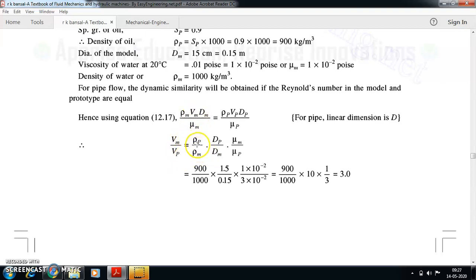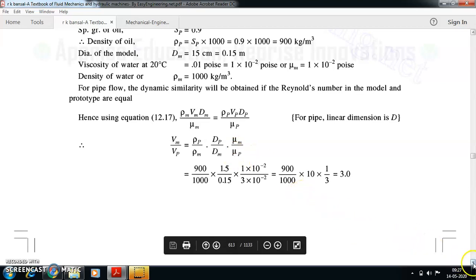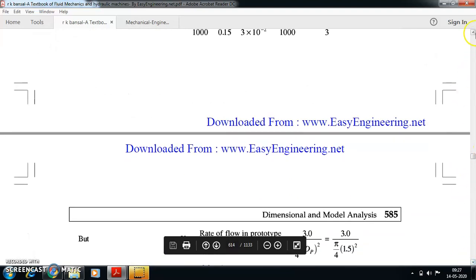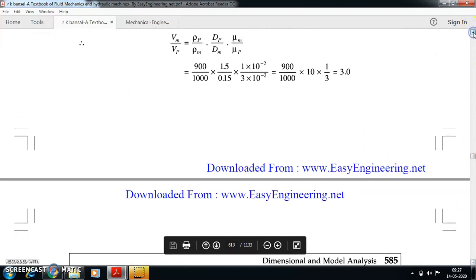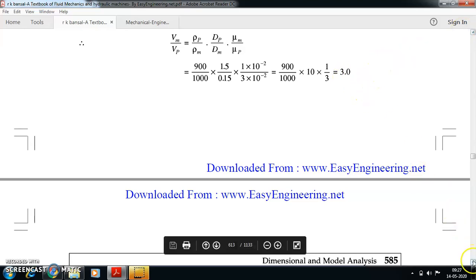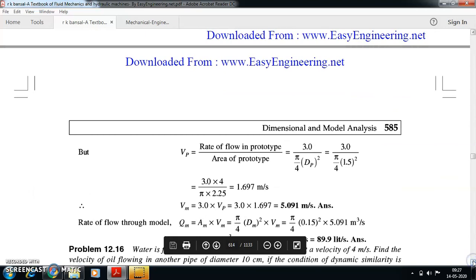If I work it out, I will get the density ratio, diameter ratio, and the viscosity ratio. I can substitute over here. Once I substitute the different values, I will get the velocity ratio Vm by Vp to be 3.0. So that is the velocity ratio.